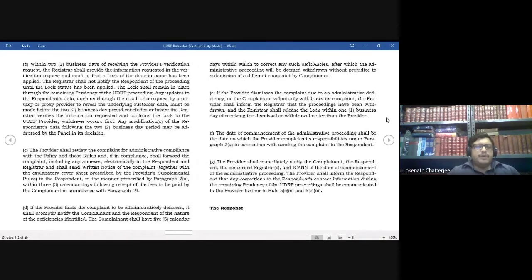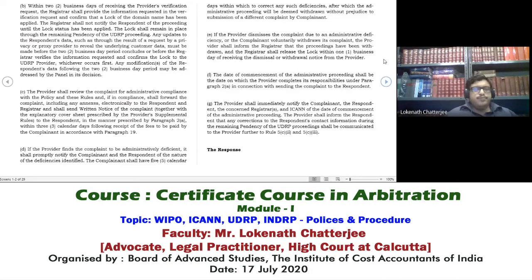Now the procedure is given. Something the registrar will have to revert. Registrar is the body with which the domain name is registered. Now the procedure, as you can see on the screen, you can go through it.